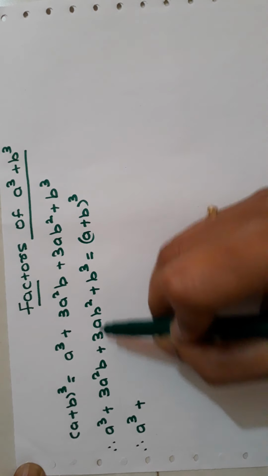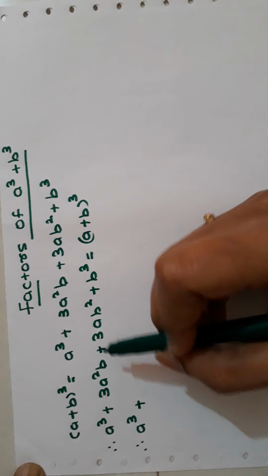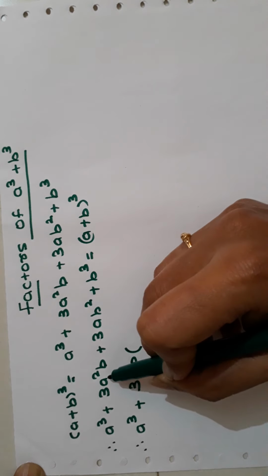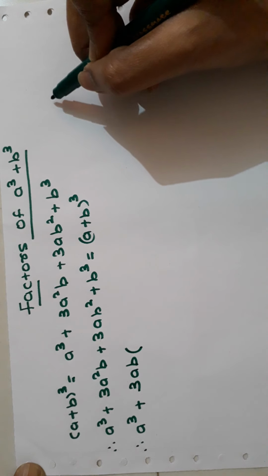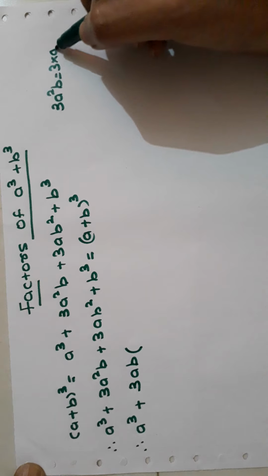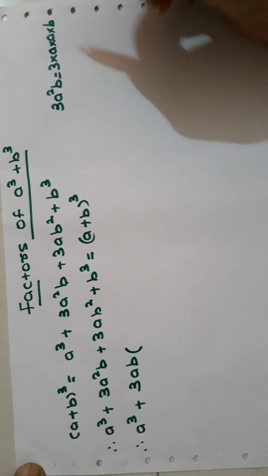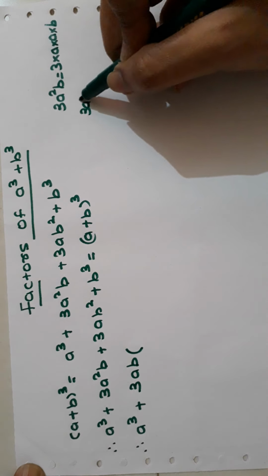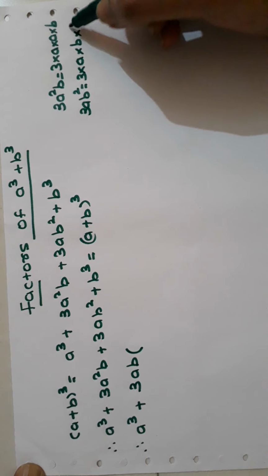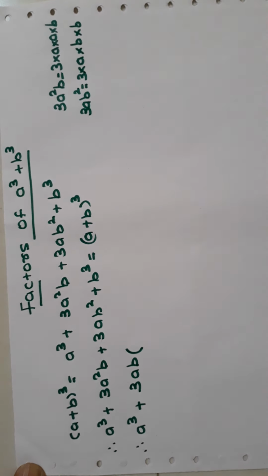In both the terms, 3ab is common. You can check, 3a square b is 3 into a into a into b, and 3ab square is 3 into a into b into b. So 3 is common.